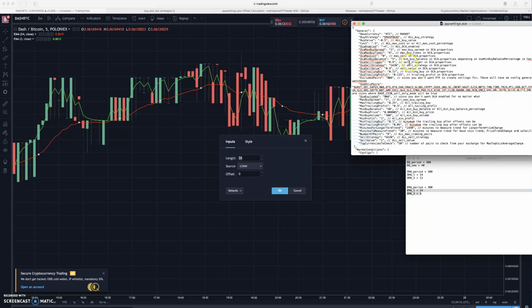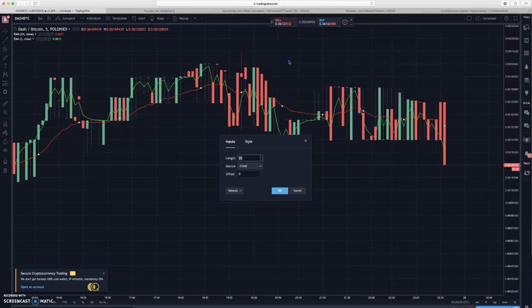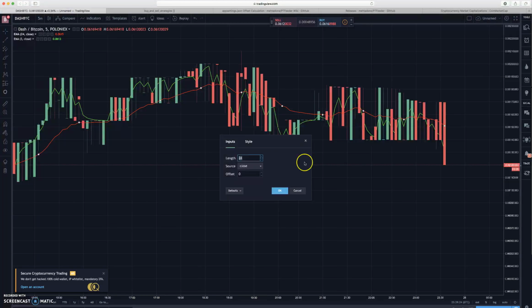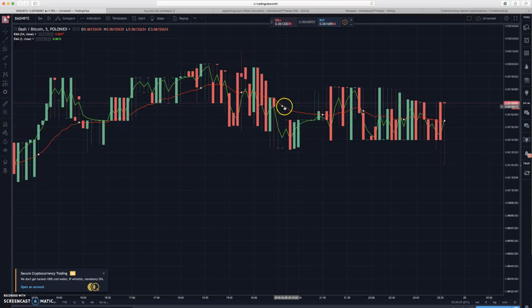So anyway, back to EMA spread. What it's looking for, we don't even need to read this, is for the fast moving average to cross down and be beneath the slow moving average. And then it's looking for the spread between them.